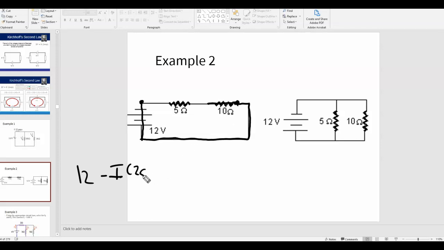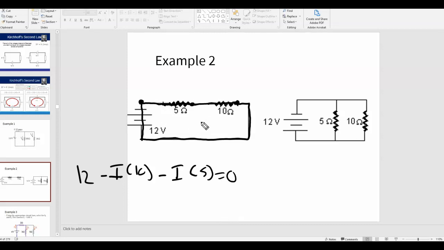So that's minus I times 10. I keep going with my loop. Notice the current here is the exact same because there is no junction, there's no place for the current to split. So again, I have minus I times R, and it's the same I, but now R is 5. The second you get back to where you started, the loop rule is done, and it's equal to 0.